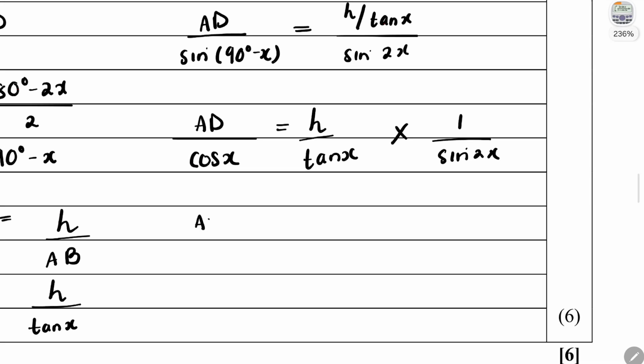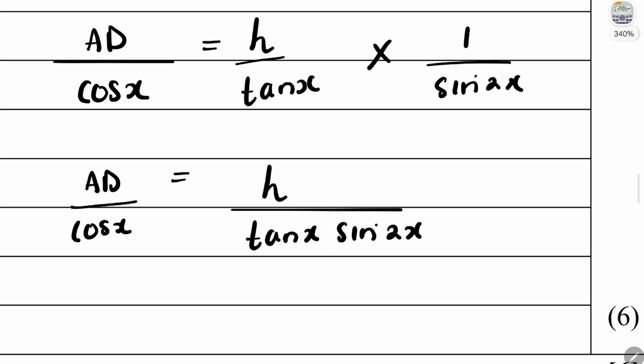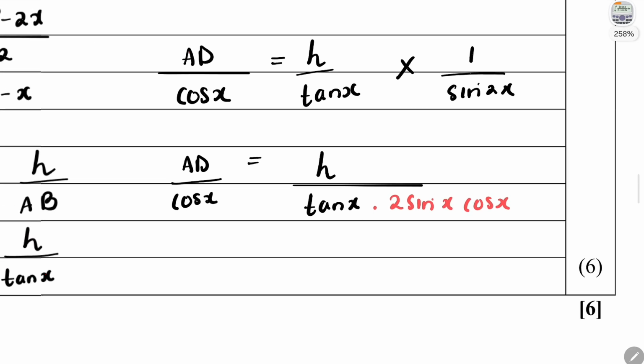So now we just have AD over cos x is equal to h over tan x sine 2x. Sine 2x can be expanded, so it's going to become 2 sine x cos x, using double angles.